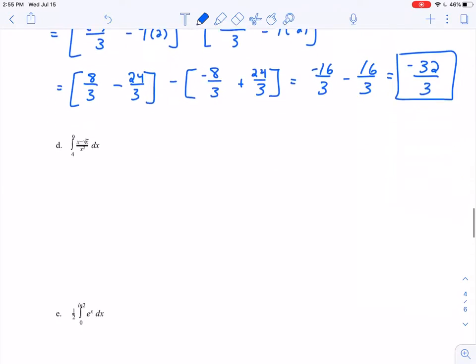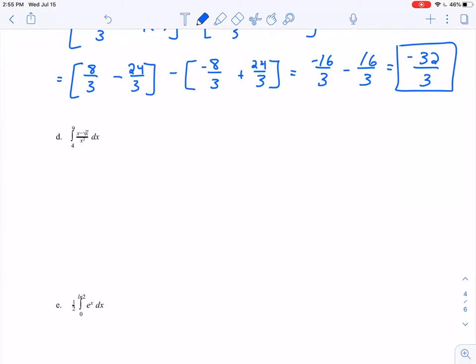Next up, let's see, what do we got next? We've got the definite integral from 9 to 4 of x minus square root of x divided by x squared dx. Here we need to do a little bit of rewriting. We need to be a little bit careful with this because the process of finding our actual antiderivative this time is a little bit tricky.